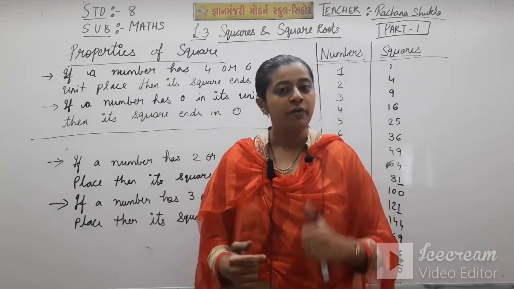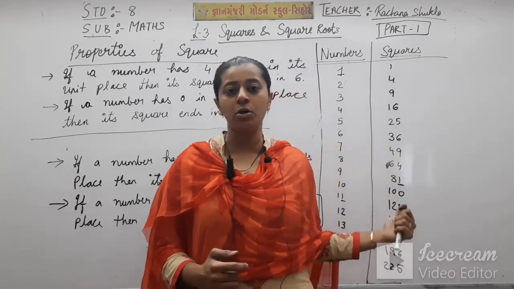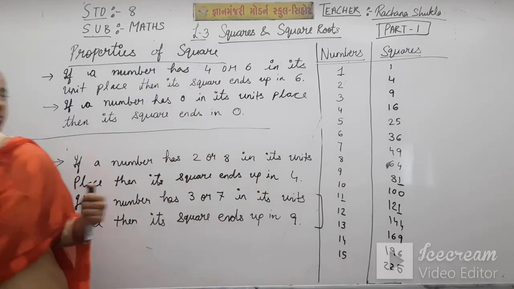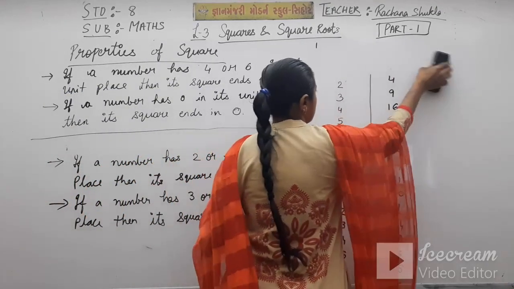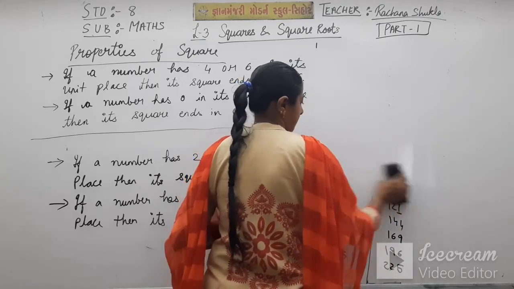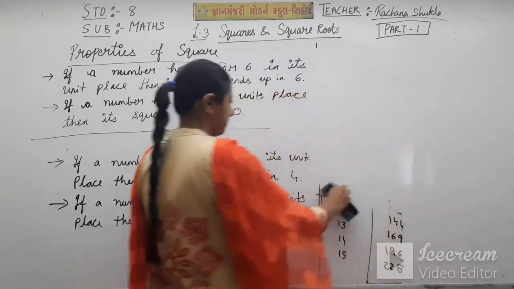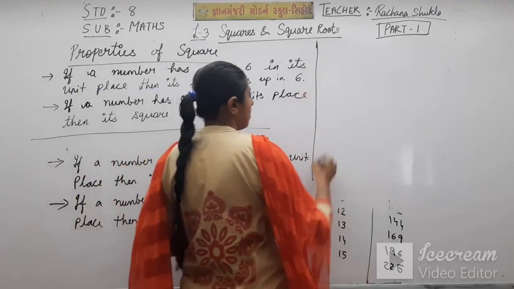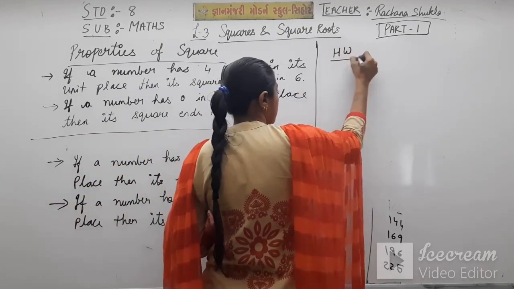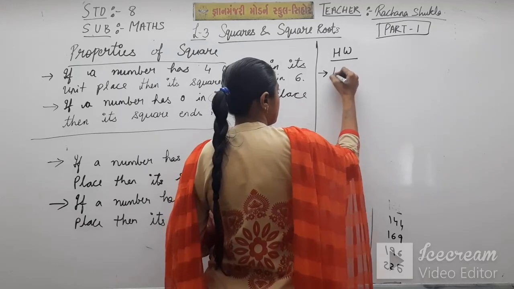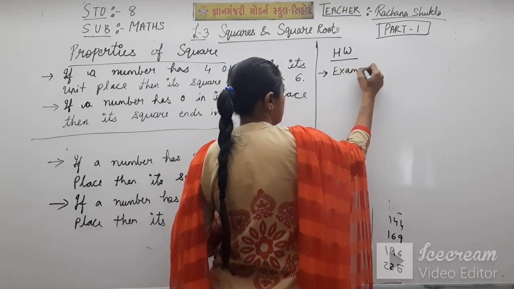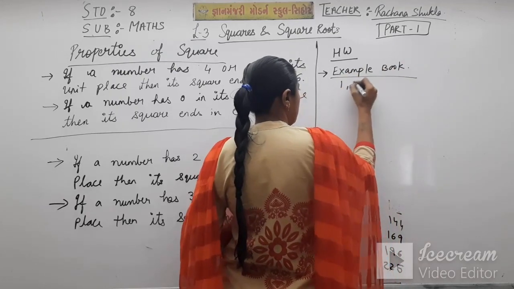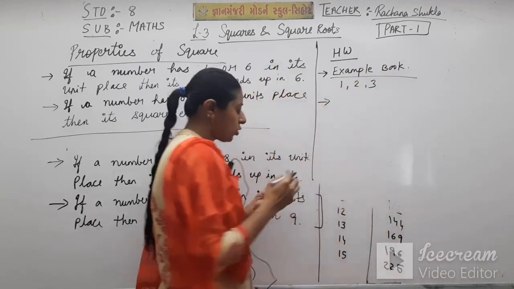Write them down in your fair book, and then it's time for your homework. So note down your homework. Your today's homework is example book examples number 1, 2 and 3, which I have taught you.